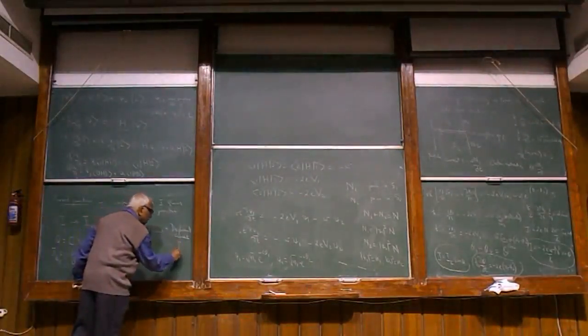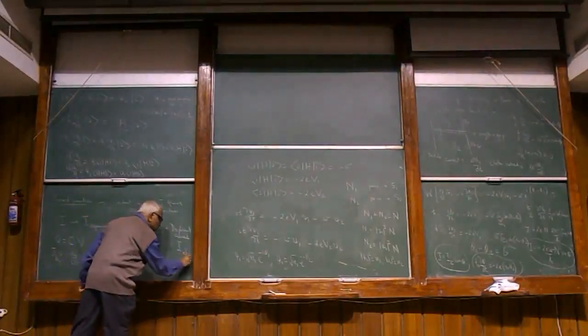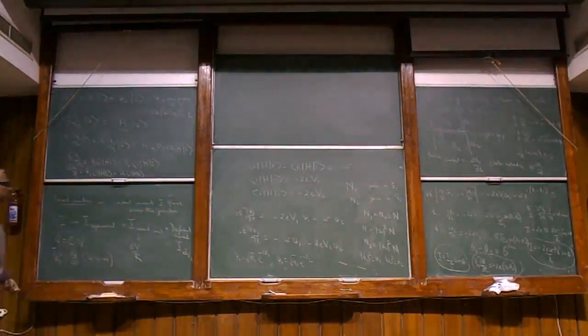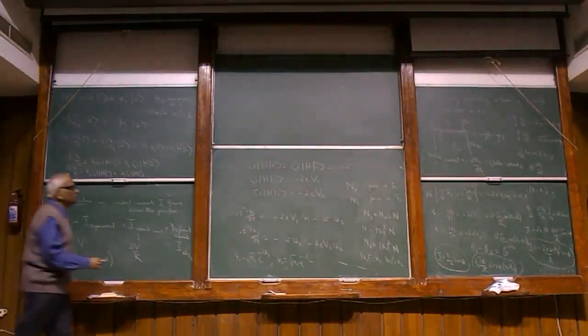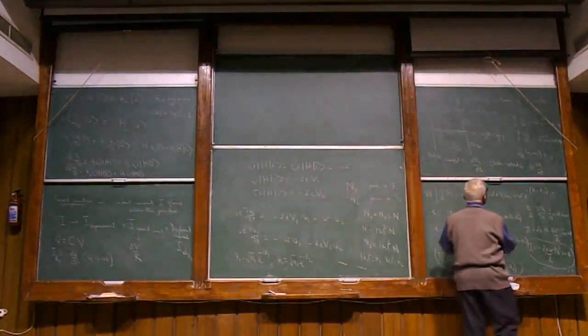So these are your currents that you have going. You will have a supercurrent, you will have a normal current, you will have a displacement current, and so there would be a circuit which looks like this.